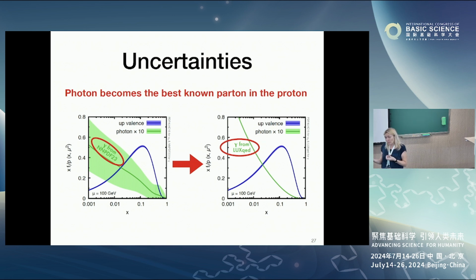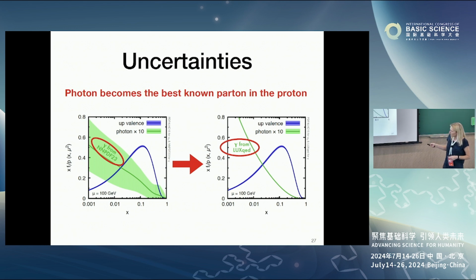And you are asking if there are issues about saturation effects for the photon distribution at very low x. Was this a question? Yeah, I'm worrying that the photon rises too fast at small x. Are you worried whether there are saturation effects, or why do you say too fast?